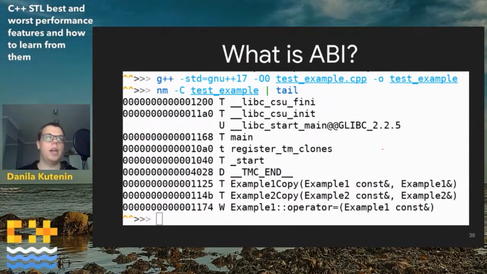If we compile it, for example, with zero optimizations and look at all the definitions in the name mangling, we'll see that only one operator was defined. And actually, this is true for the C++ type, true for the SysV ABI.